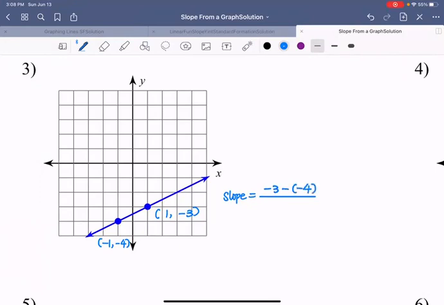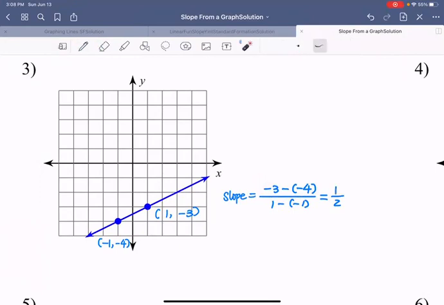Over 1 minus -1. Okay, equals 1/2. Okay, 7/2. Thank you. Very good. Hold on. How much is here? I said 1/2. Oh, sorry.